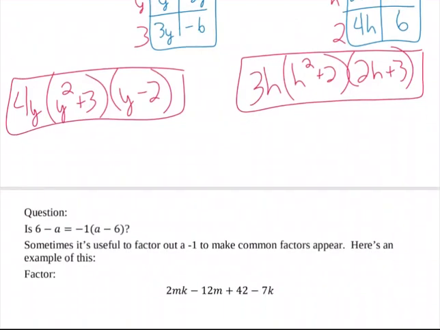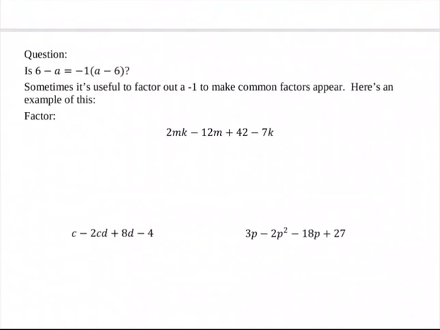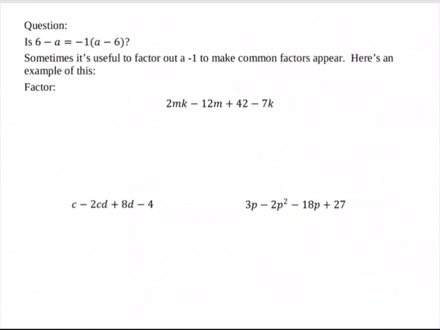Trust me. So here's a question for you. Is 6 minus a the same as equal to -1 times a minus 6? Well, what we can do to see if it is or not is we can take the -1 and distribute that -1 in, and if we do that, we get -a, and then -1 times -6 is positive 6.